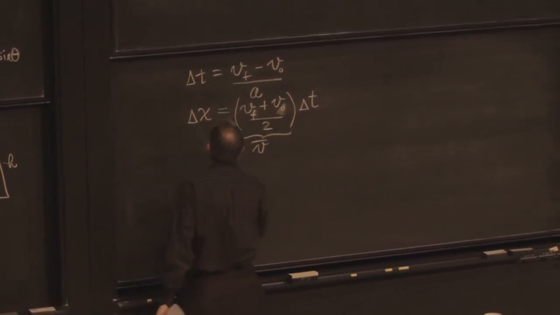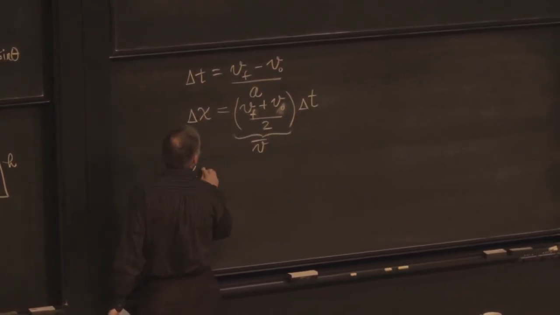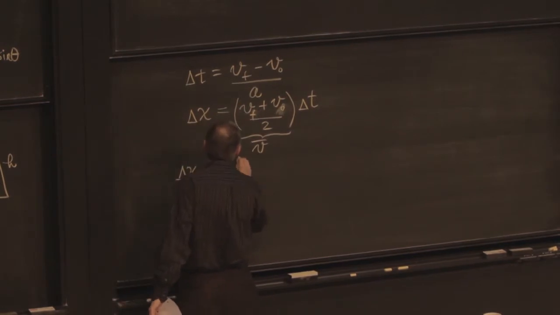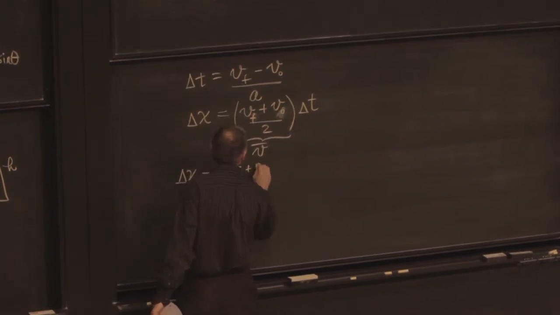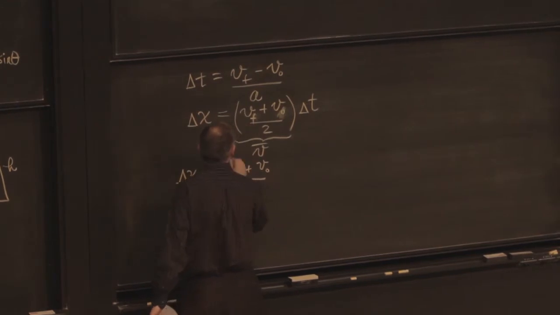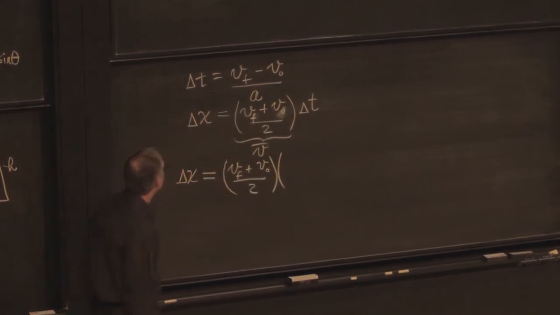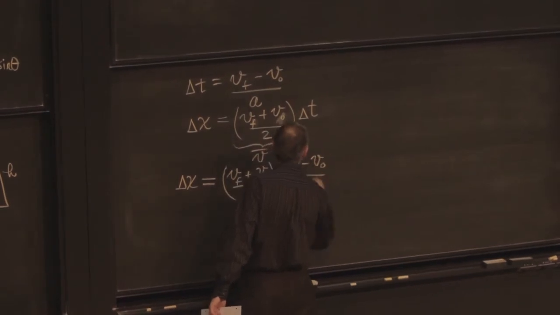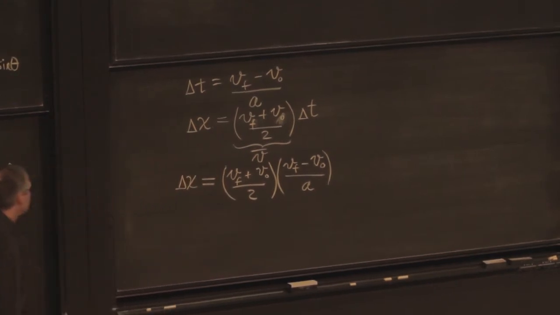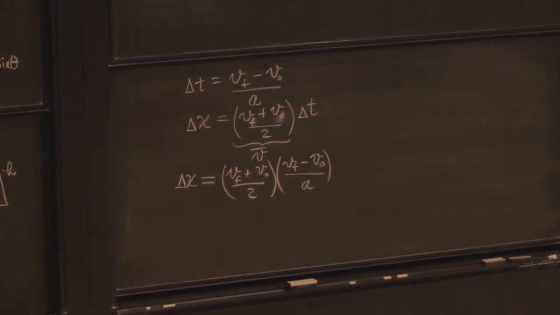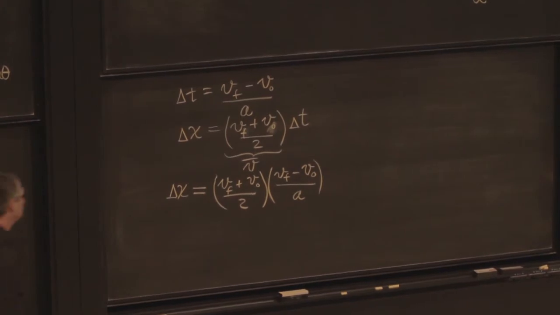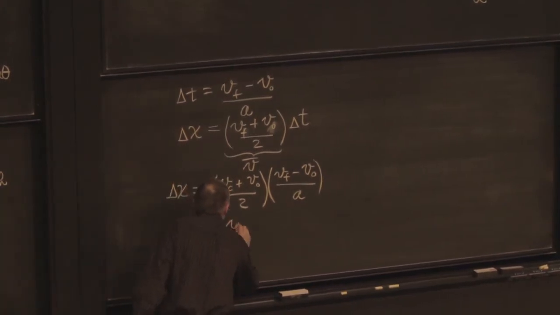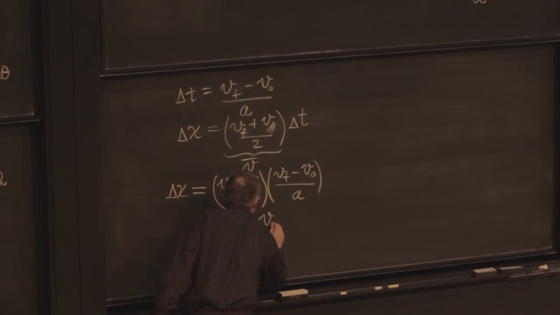I know what delta t is, so I have delta x is equal to v final plus v initial over 2 times v final minus v initial over a. Oh, that's interesting. That looks like v final squared minus v initial squared over 2a.